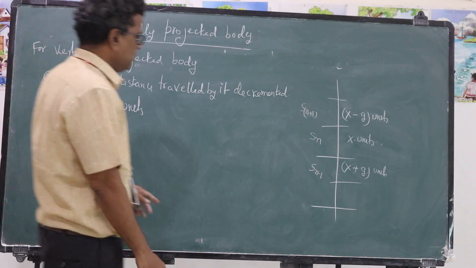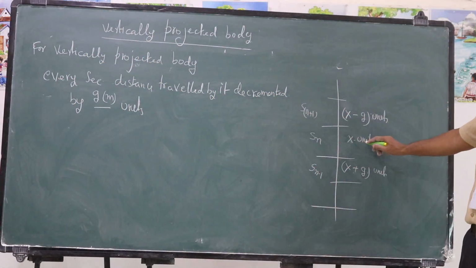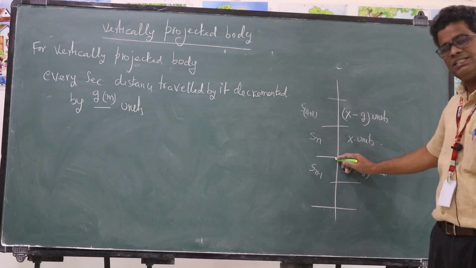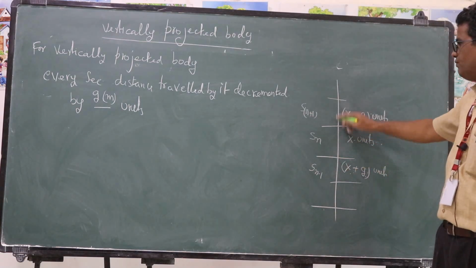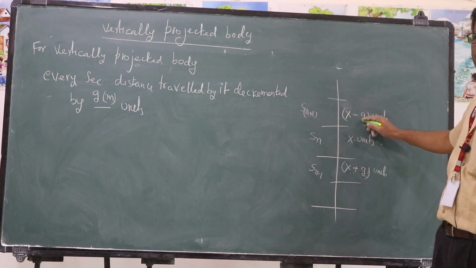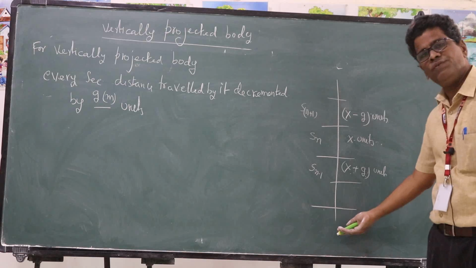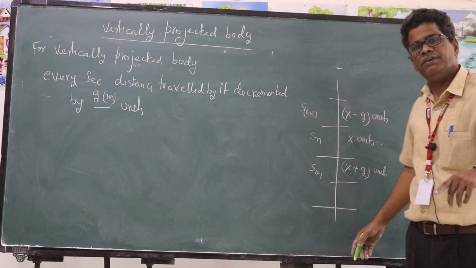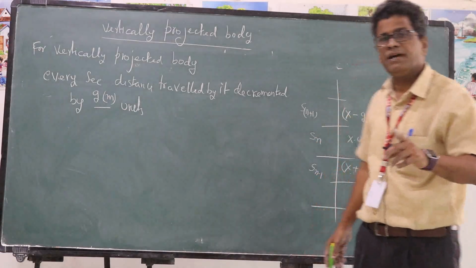So here, if distance traveled in nth second is x units, 1 second before that it is x plus g. After 1 second, x minus g. That means it is decremented as it is moving up against gravity. Distance traveled by it in every second is decremented by g units.